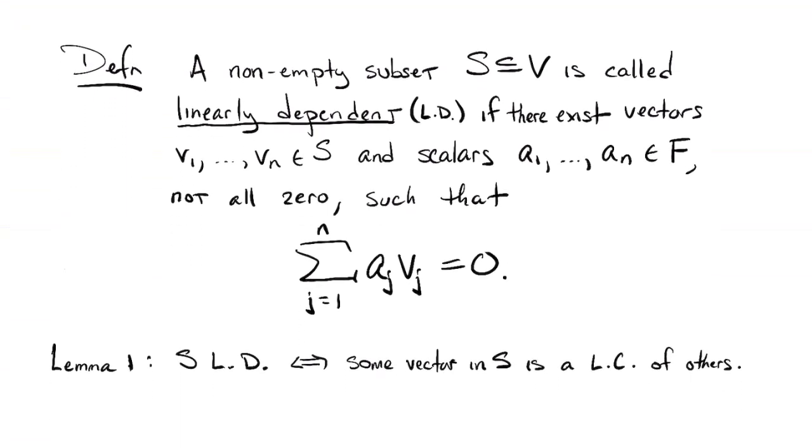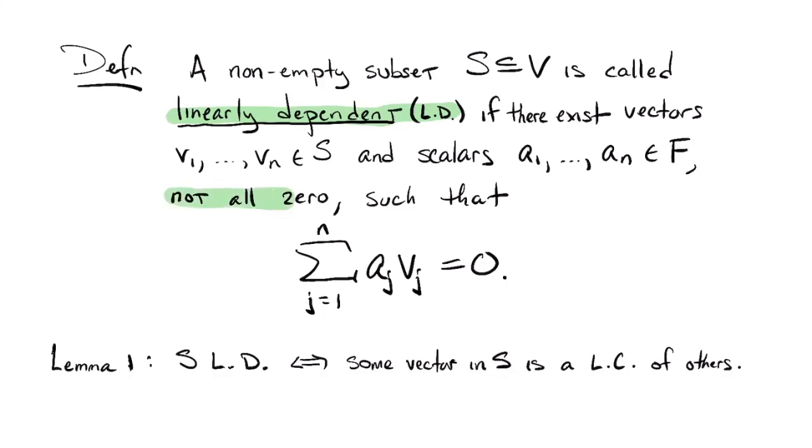Very important definition. One of the absolute key concepts of the whole linear algebra course is this concept of linear dependence. Based on that lemma, I'm going to rephrase the lemma below in a second, but we're going to call a non-empty subset, it has to be non-empty by definition, linearly dependent if you can find vectors in it, some finite number of them. It can be 1, it can be 100, it has to be at least one of them, and then some scalars that aren't all 0. That's the crucial part.